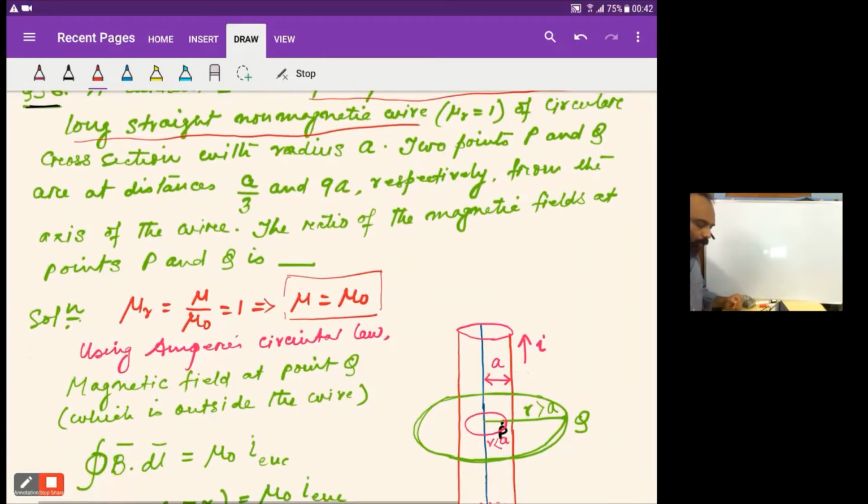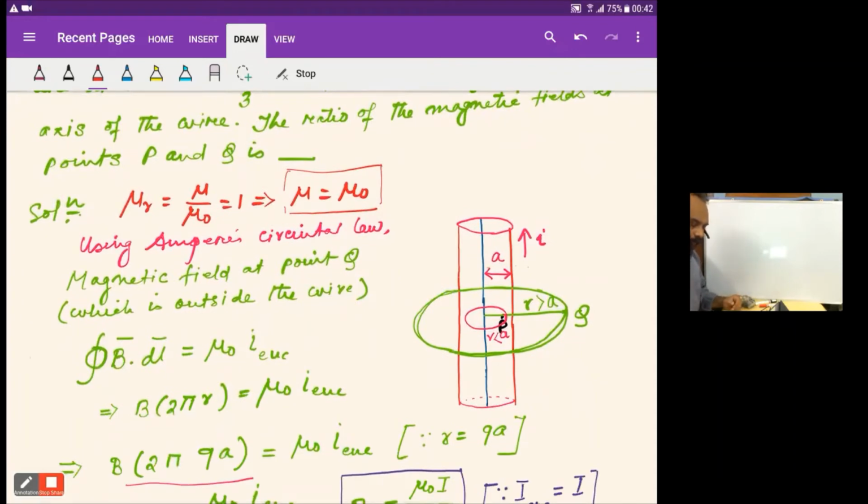So what we are going to do, we are going to use Ampere's circuital law. So at point Q, which is at distance r from the axis of the wire, B dot dl is equal to mu 0 I enclosed, where I enclosed is the current enclosed by this Amperian loop, which is this green loop through the point Q, which is at 9a, that means greater than radius a, or outside of the wire.